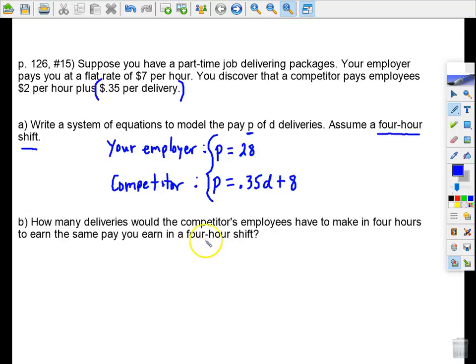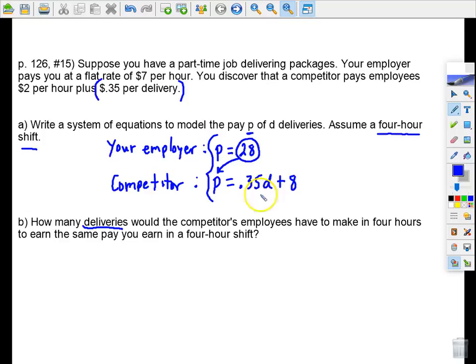You can use any method you choose, but I think it's pretty obvious that substitution works really well, since we already have identified in our system that P is 28. Then I'm going to substitute 28 in for P in the other equation. So we're going to solve for D, deliveries.